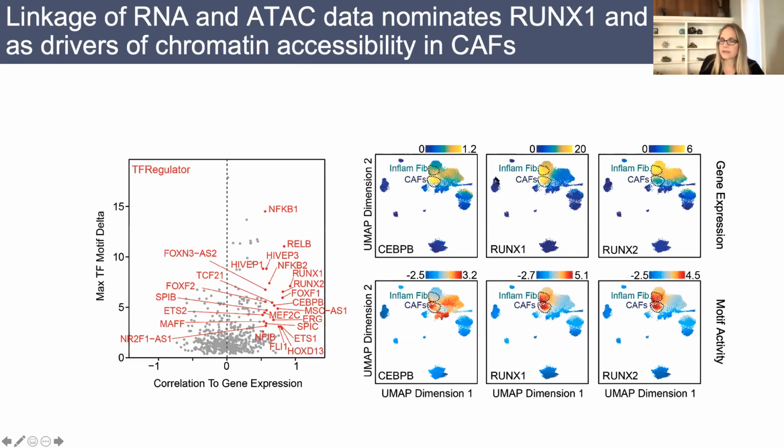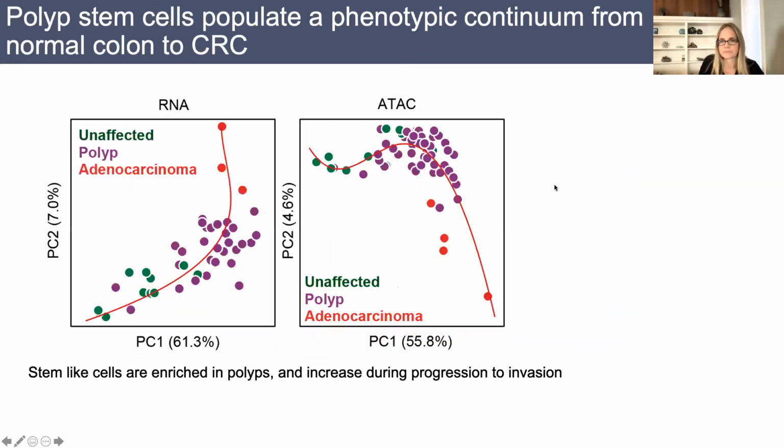What's clear from this, looking at RNA on the top and accessibility on the bottom, is that there are particular motifs for both RUNX1 and RUNX2, and they tend to have similar patterns. But we believe that it's RUNX1 that is actually expressed within the CAFs and is likely responsible for the increased accessibility of RUNX1 motifs within CAFs.